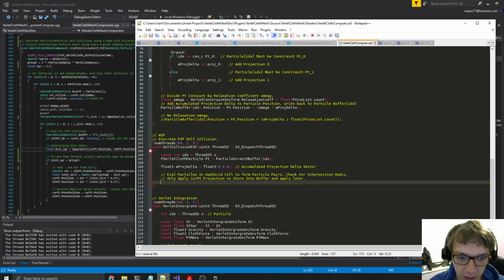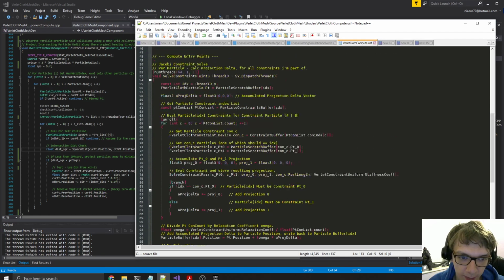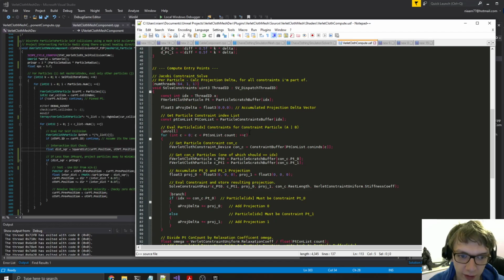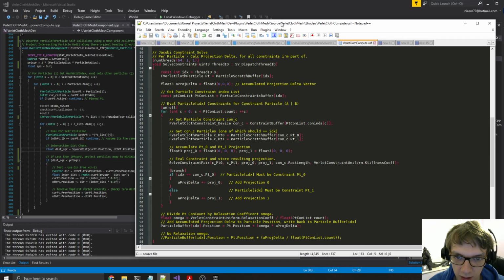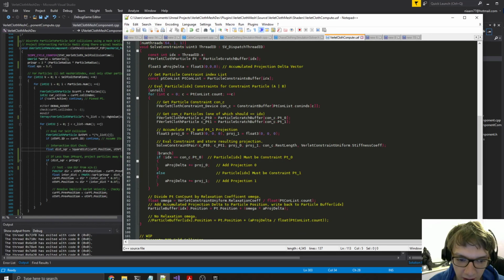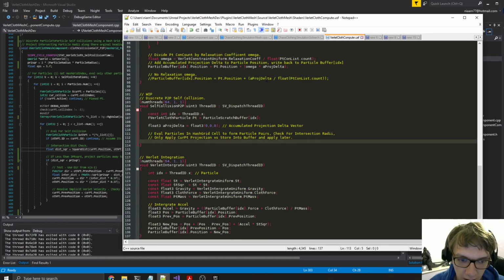I've actually already implemented my constraint solve in compute here, which you can see, and also the Verlet integration itself, which is very easy to do because there are no data races, since you're just doing each particle integration separately.